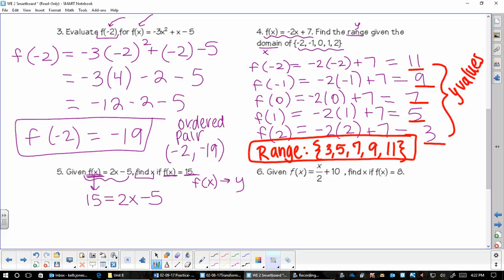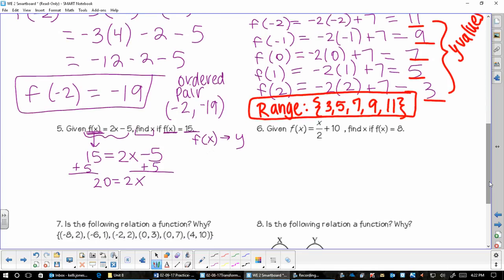So if I have 2x minus 5, I need to undo the subtraction first. So we add 5 to both sides. 20 equals 2x. The operation there is multiplication. To undo multiplication, we divide. So we're going to divide by 2. 20 divided by 2 is 10. So I end up with x equals 10.